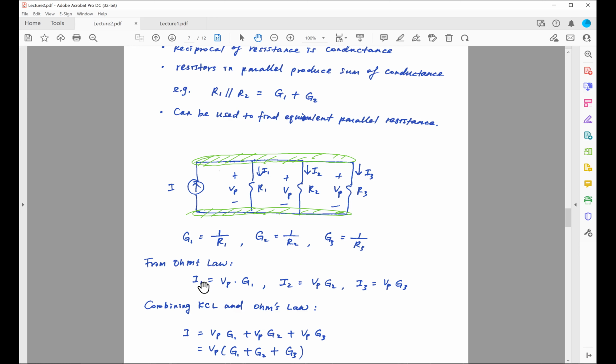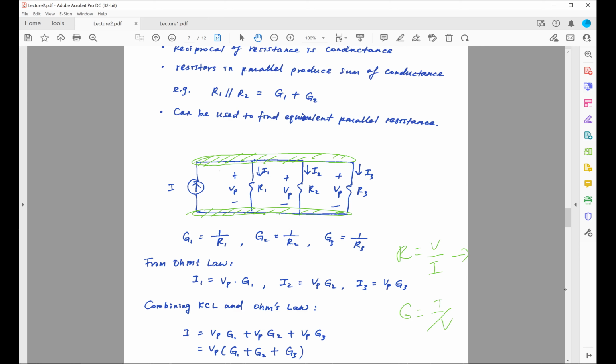So using Ohm's law, let me just write it down over here. Ohm's law: R is equal to V over I. So this tells us that G is equal to I over V. Inverse, right?